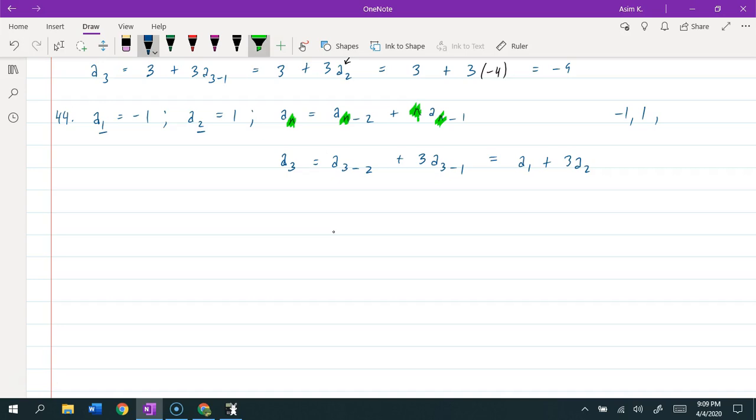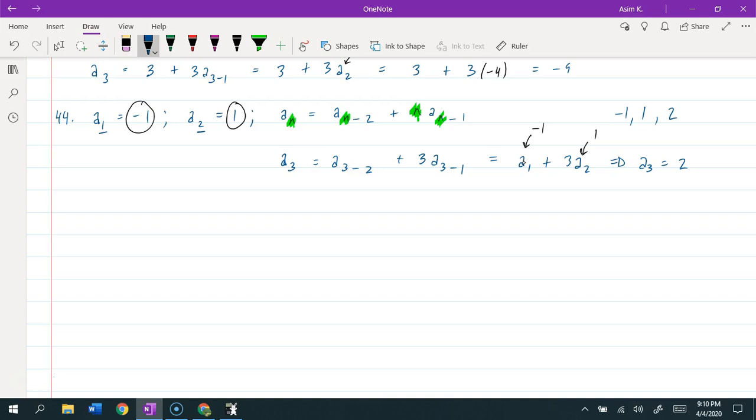And that's why it's not a surprise that they gave us a sub 1 and they gave us a sub 2, because we can't find a sub 3 unless we have a sub 1 and a sub 2. So now that we have those, we can find out what a sub 3 is. A sub 3 is equal to -1 added to 3 times 1, which is simply 3. So a sub 3 is going to be 2. All right, so we'll go up here and we'll write it into our box.